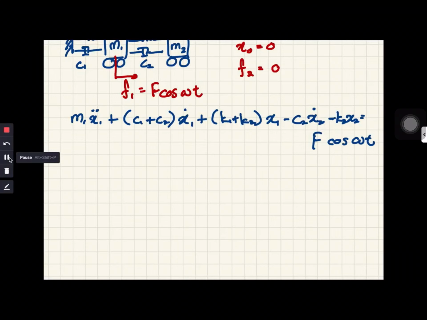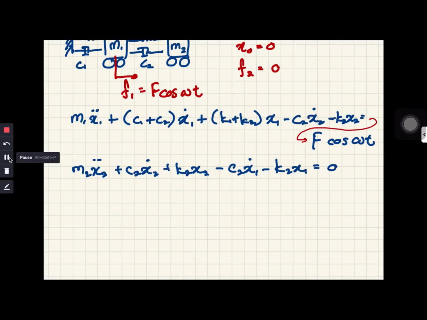Just put a continuation here. And then the second equation of motion will be m2 x2 double dot plus c2 x2 dot plus k2 x2 minus c2 x1 dot minus k2 x1 is equal to 0. Okay, so we have these two equations of motion.